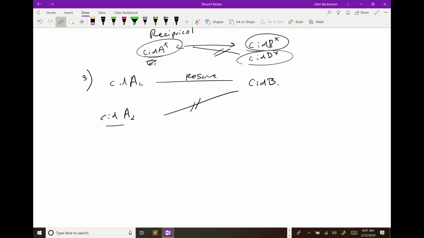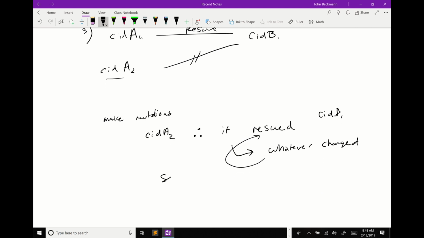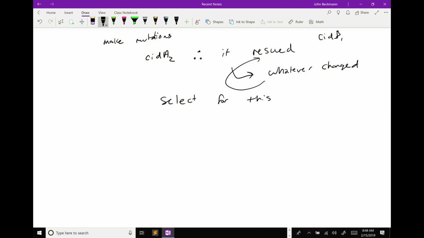But I could make mutations in SID-A2 until it rescued SID-B1. And then I could sequence, and whatever changed was responsible for the rescue. And I could actually select for this. How would I select for this? Well, let me show you.